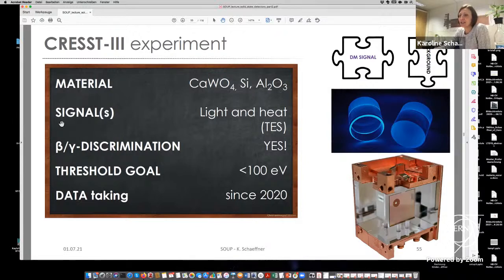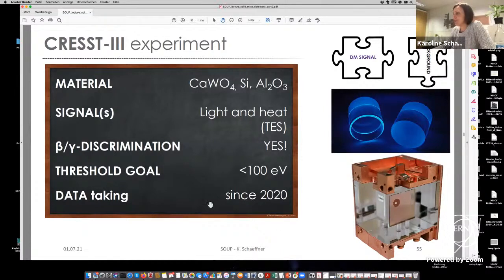They measure, as I've shown you for COSINUS, light and heat, using tungsten-based transition edge sensors. As with COSINUS, they have gamma discrimination between beta-gamma events and nuclear recoils. They have a very low threshold as detectors, around 30 electron volts.